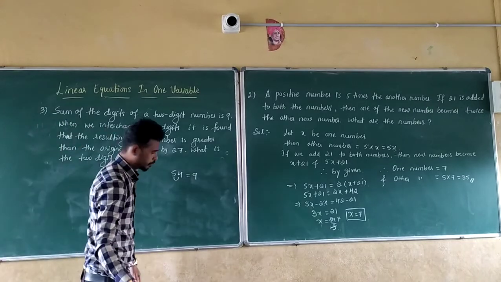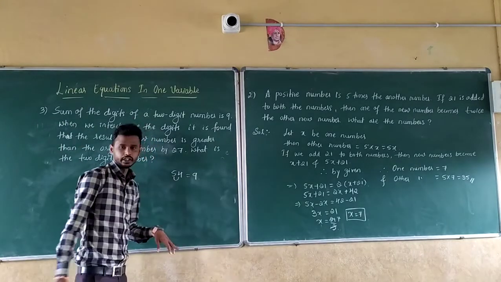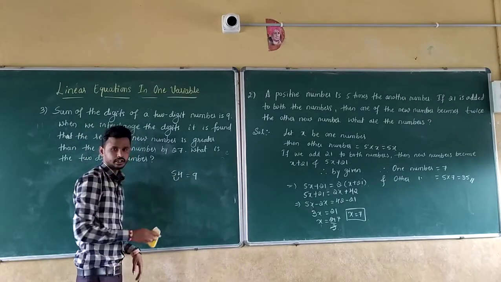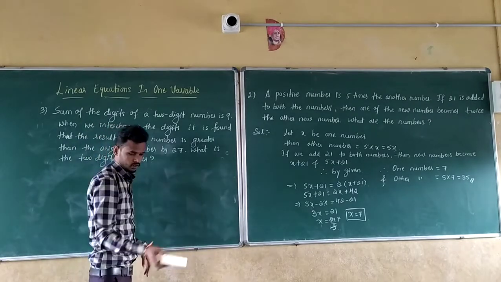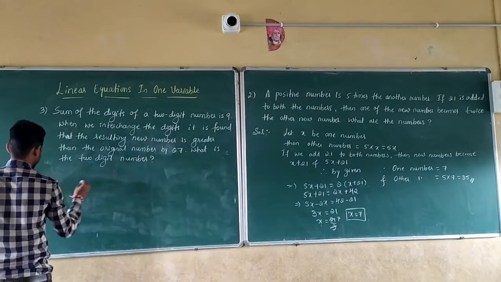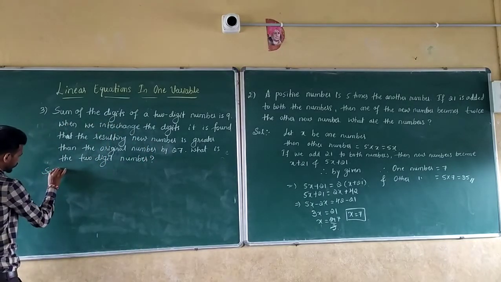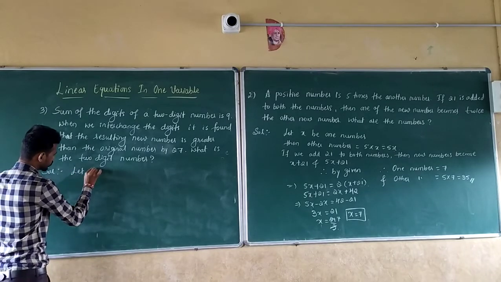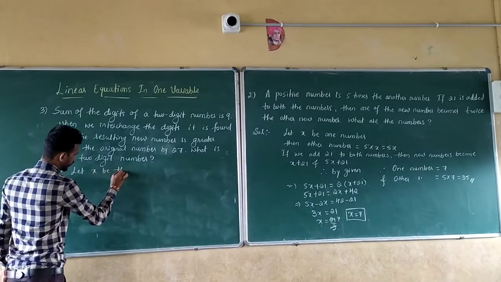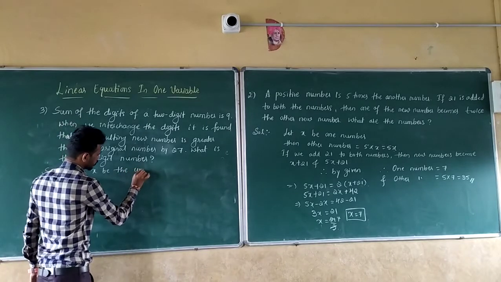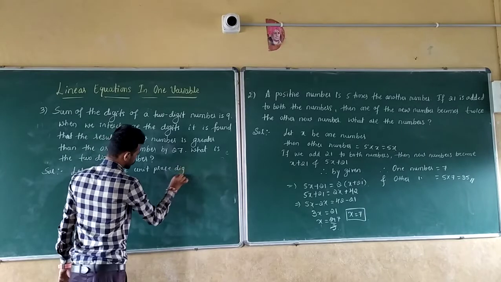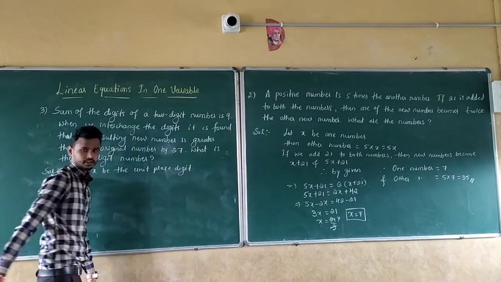So first of all, for writing the two-digit number, we need a unit place digit and a tens place digit. So let us take x as the unit place digit. Let x be the unit place digit.